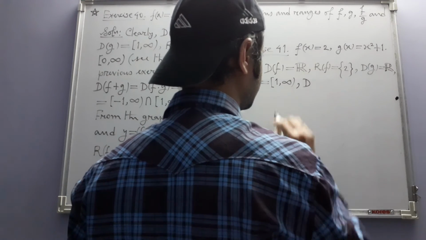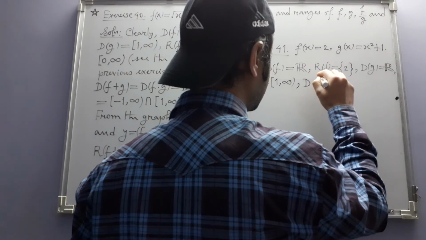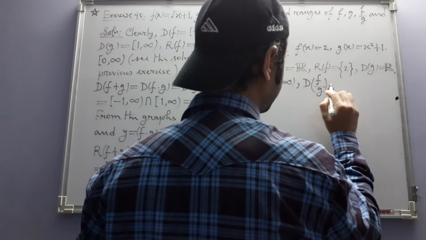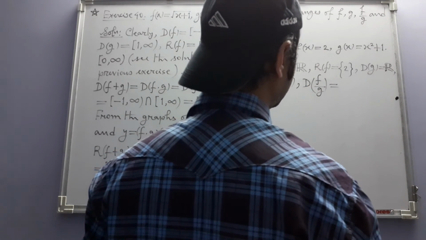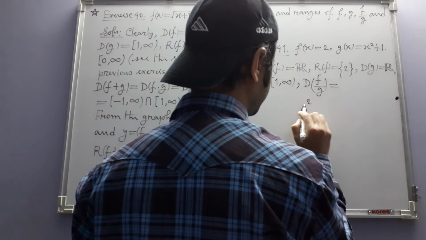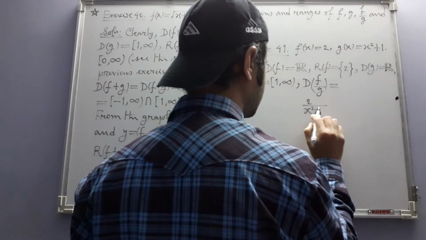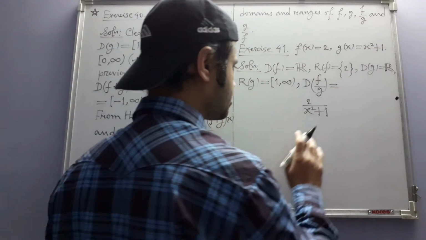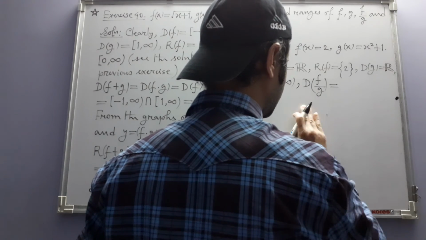Okay, then we come to the quotients. The domain of f by g is R, because f by g, the formula looks like this. Here you can put any real number x, you will get an output.